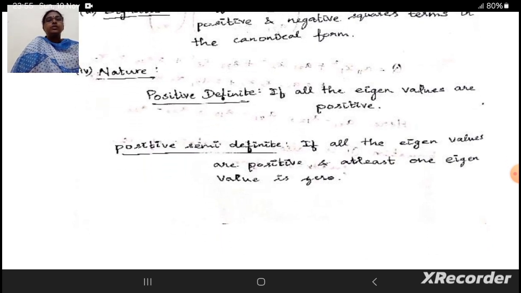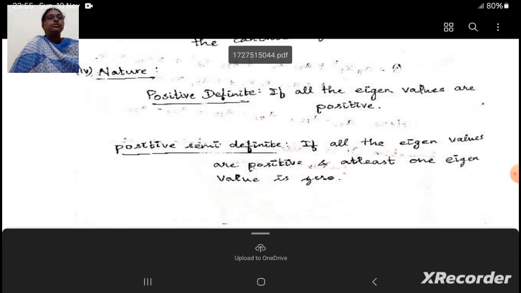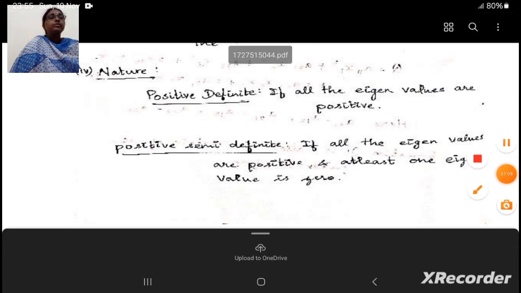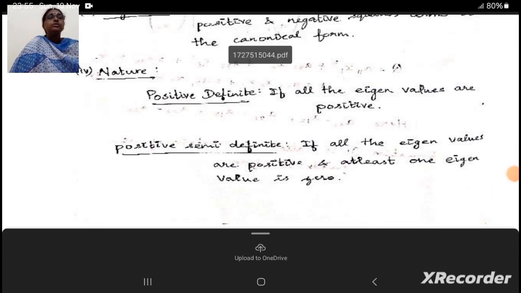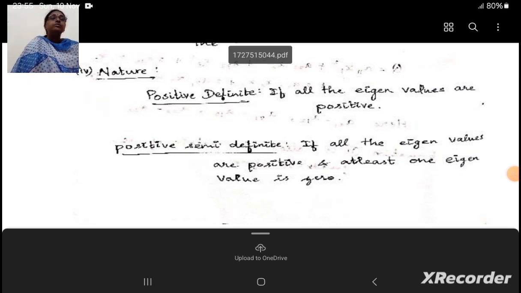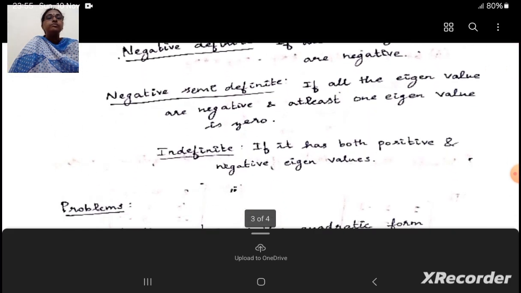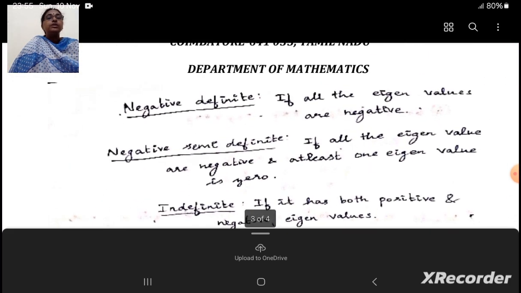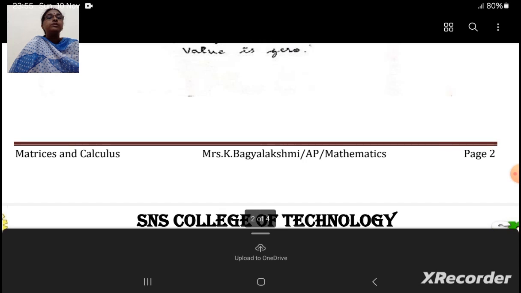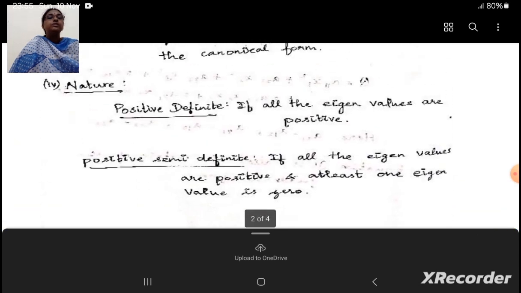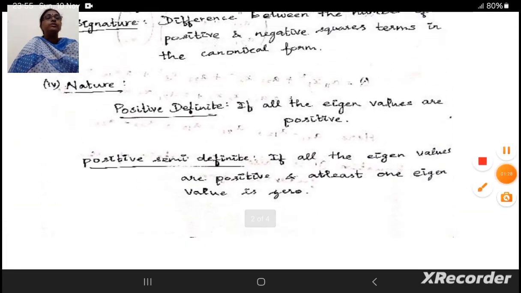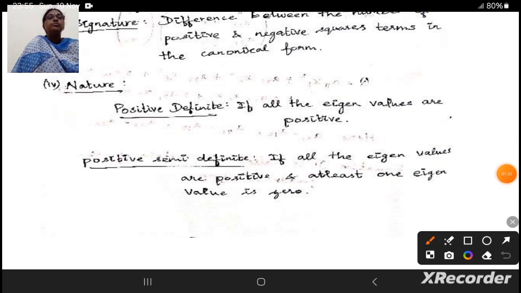Next we can calculate the nature of the quadratic form. Nature means we split it as positive definite, positive semi-definite, negative definite, negative semi-definite and indefinite. In 5 categories we split these. First, positive definite: all the eigenvalues are positive.